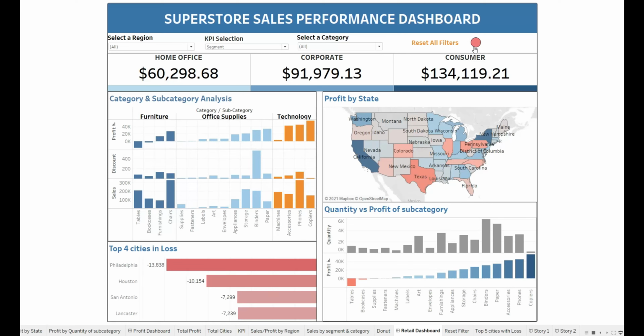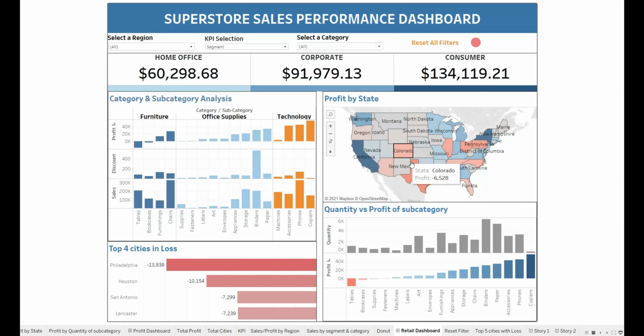So overall, I can say that the technology category is giving us more profit compared to the furniture category. So I would mostly focus on the furniture category as to why we are getting loss despite giving sufficient amount of discount also.